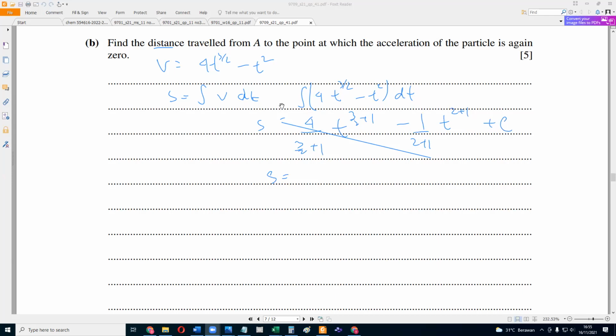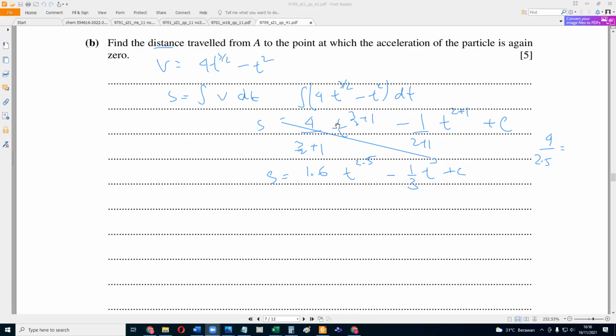That's going to be t to the power of 2.5 minus 1/3 t to the power of 3. 4 divided by 2.5 is 1.6, plus c.